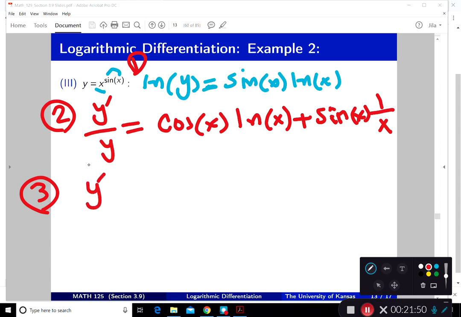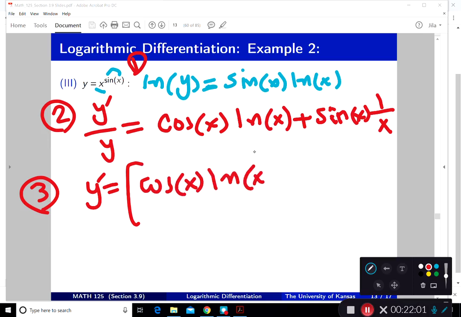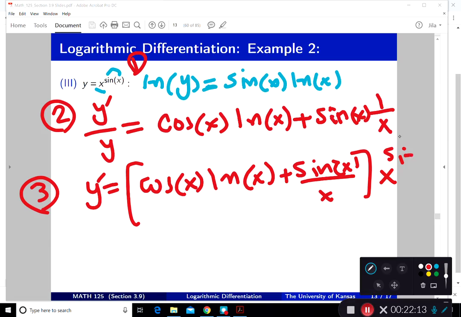So I have to multiply both sides by y. Again, this is something that you see a lot, and I'm putting the entire thing in big parentheses so I remember that I'm multiplying everything by y. But what was y? y was just x to power sine of x. So that's the final answer in here.